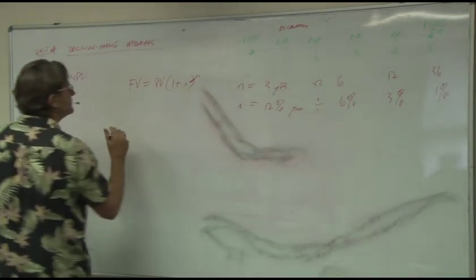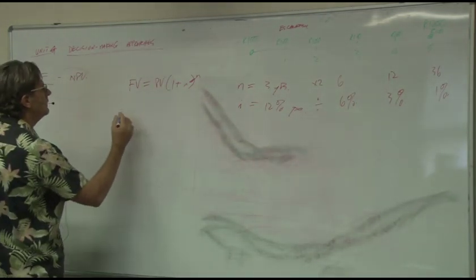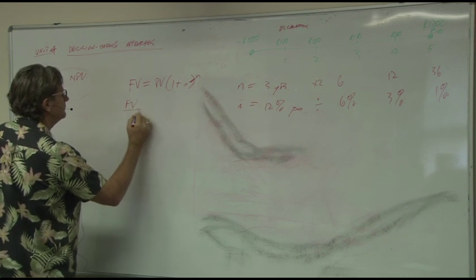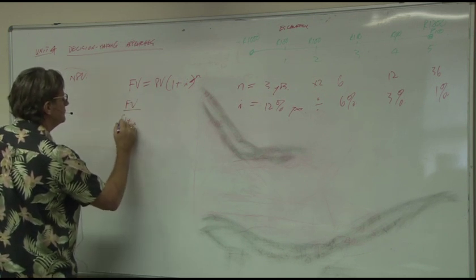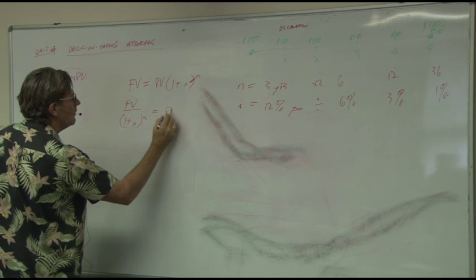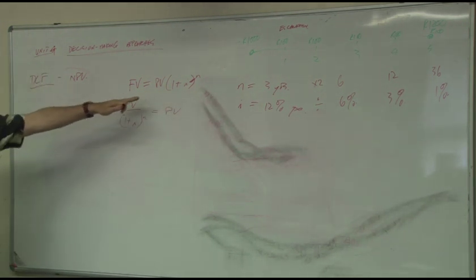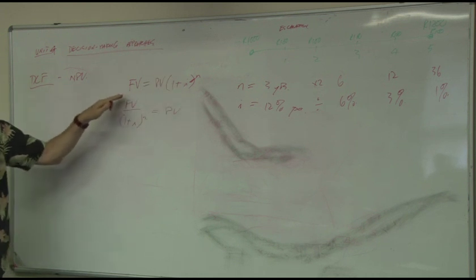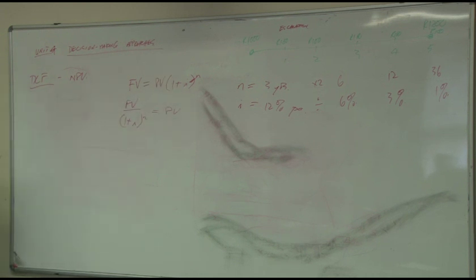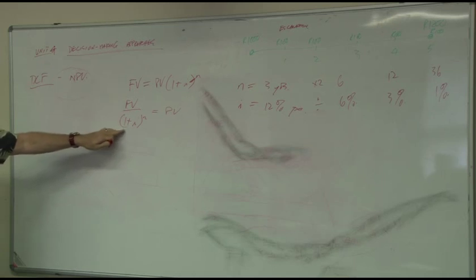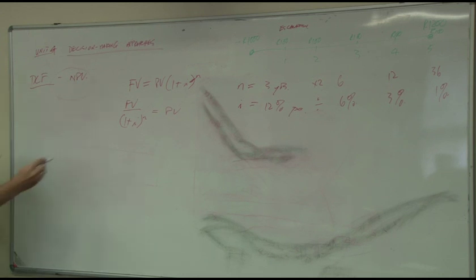Okay, if we rearrange this equation here, all we've done is just taken this part to the other side. So it's future value divided by (1 plus r) to the n equals the present value. And that's basically what we use to work out net present values.